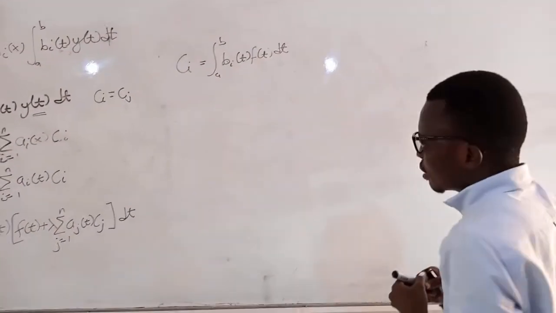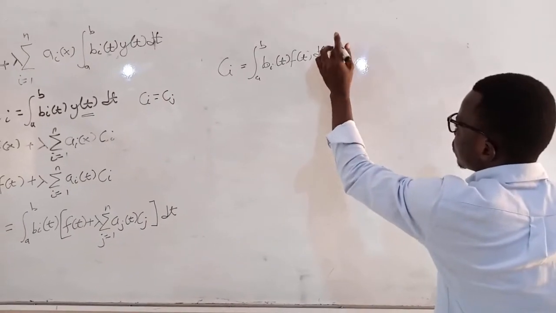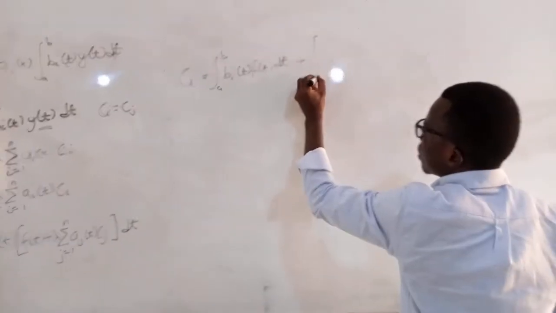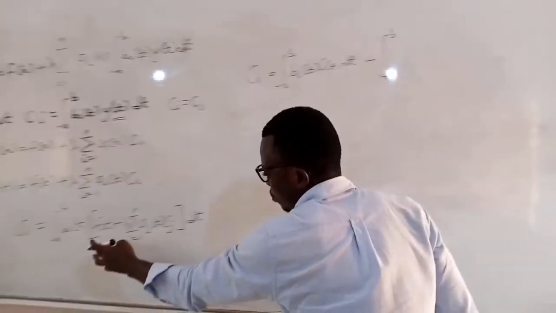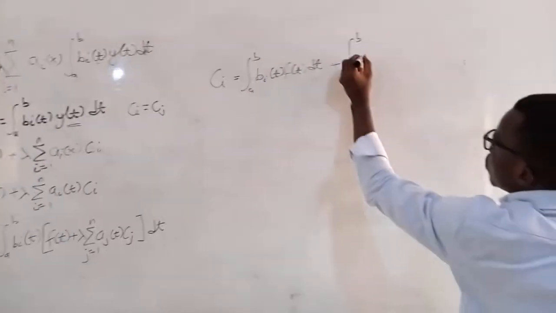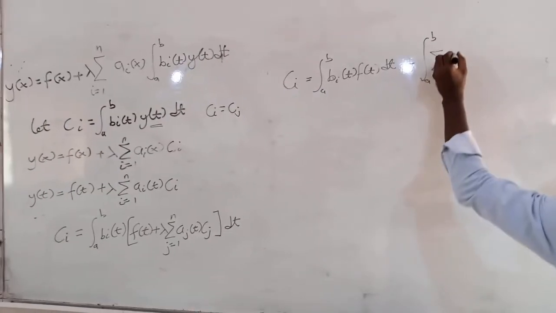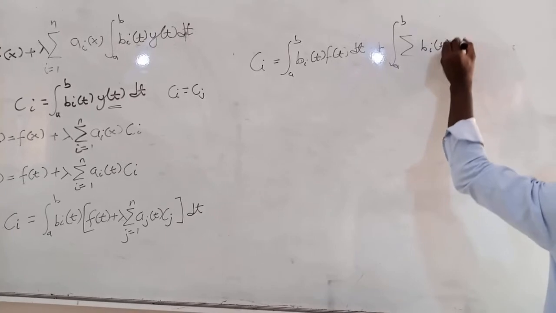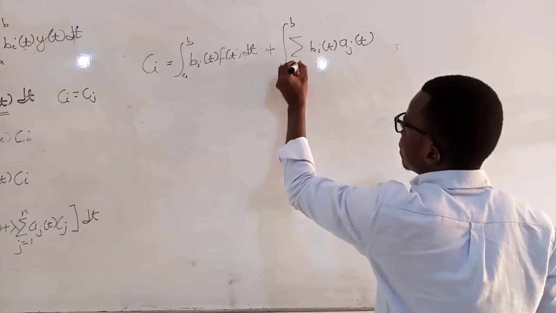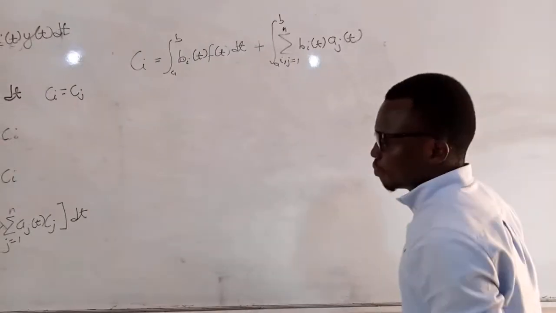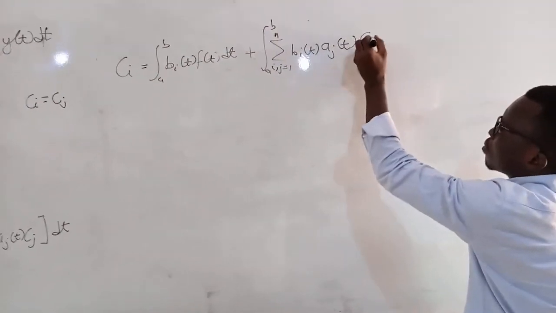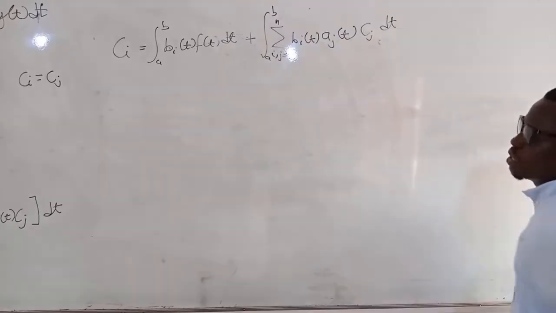So I can rewrite this as plus integral of a to b, then summation. Let's take the bi of t under the summation sign. So sum of bi of t, then aj of t, where i, j equal to 1 to N. Then the cj is here, cj, then dt.